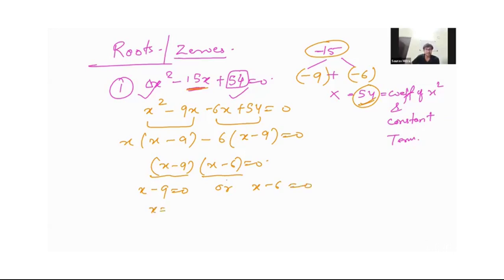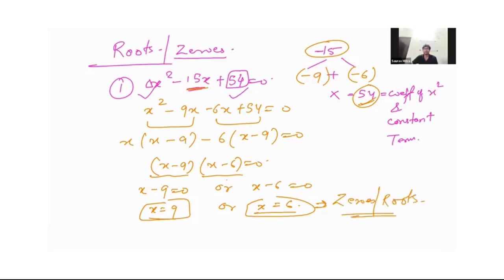So you will have x = 9 or x = 6. These are the zeros, the roots of the polynomial, of the quadratic equation.